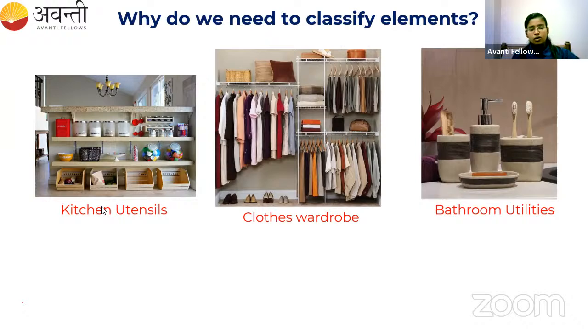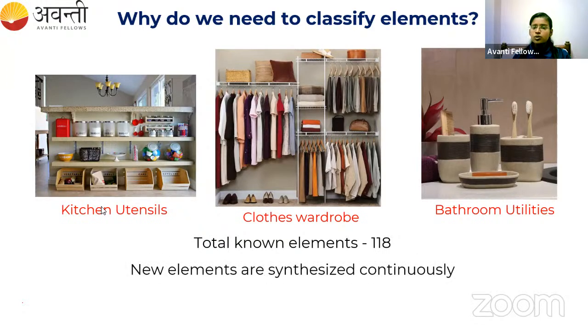Okay, I'll give you the answer. At present we have 118 elements in the periodic table. And new elements are also getting synthesized continuously. So if we keep on discovering and synthesizing elements like this, and if you are going to place those new elements in some other row or column in a periodic table, then how will you study them easily?